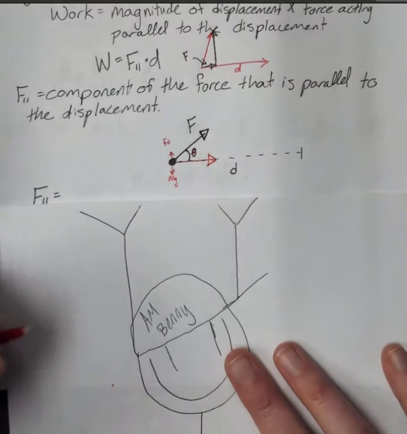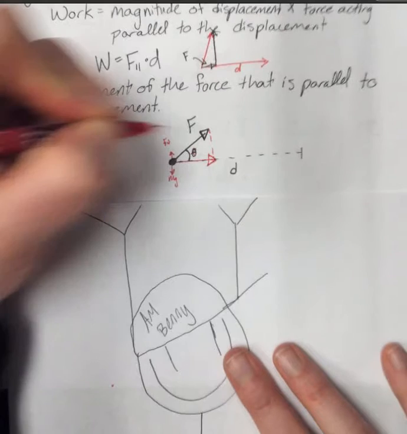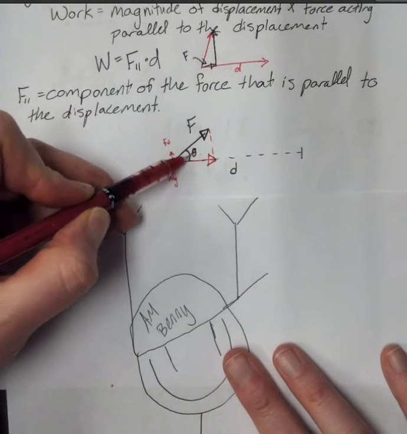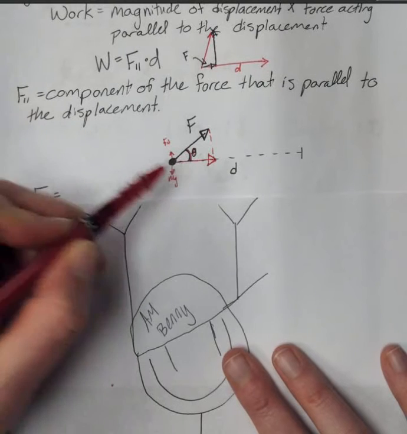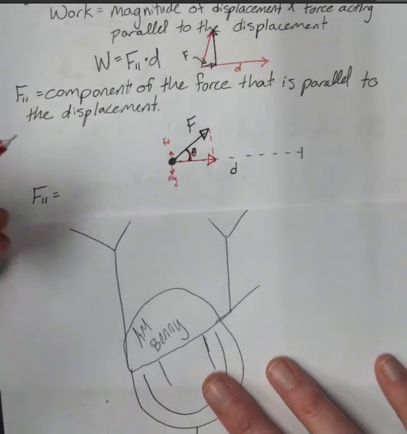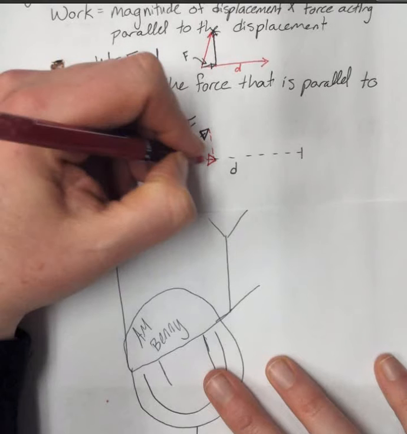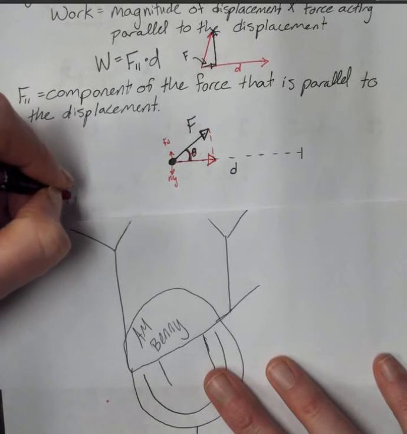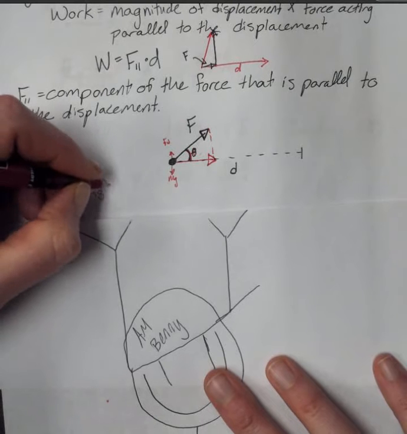So what is that component for this force? Well, it's this force, and it's separated from the displacement by this angle. So that means that this component of the force right here would actually be force times the cosine of theta.